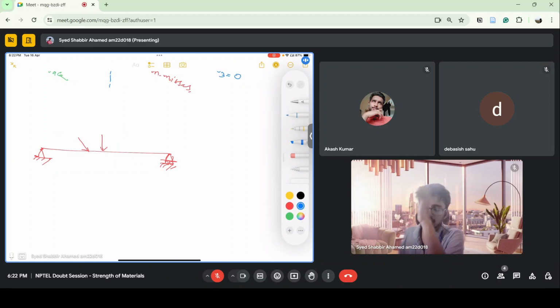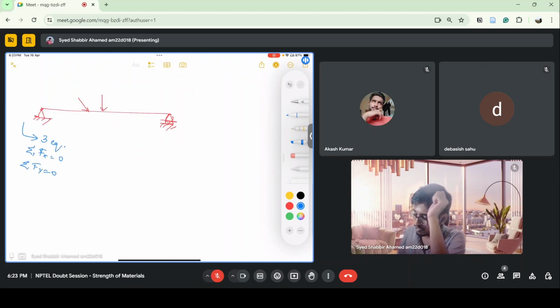Because this is a 2D structure, I'll get three equilibrium equations, right? Three equilibrium equations, that is sigma Fx equals 0, sigma Fy equals 0, and sigma Mz equals 0. These are my three equilibrium equations for a 2D structure.